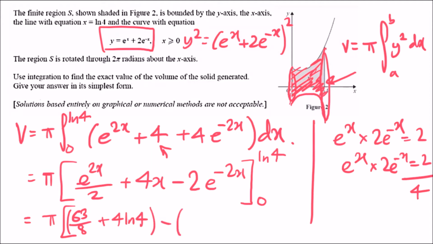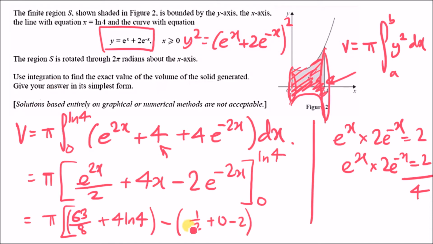Now minus, and replace everything with 0. You've got e to the power 0, which is 1, so it'll be a half here. And e to the power 0 here would be just 1, so it'll be just 2. And putting 0 here, you're going to get 0. So it'll be half plus 0 minus 2. Let's simplify this.